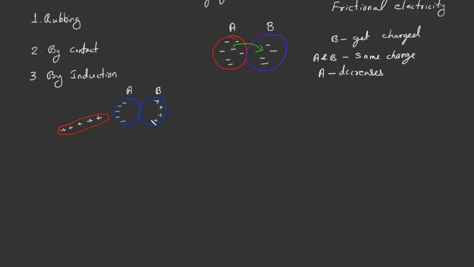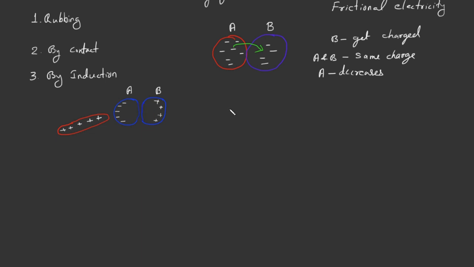Now in the next step, we will make a small separation between these metal spheres by keeping the positively charged rod there itself. So we are making a small separation between these two, and the figure will be like this.